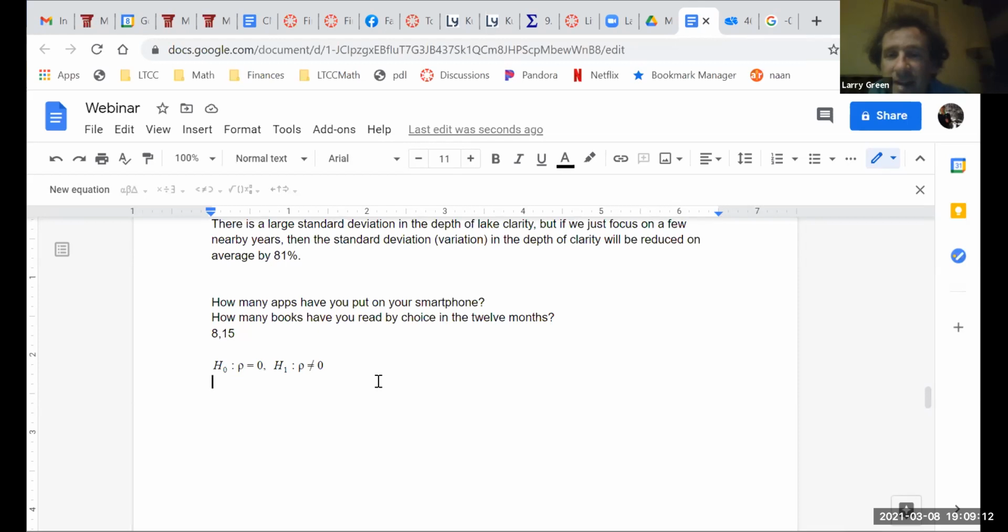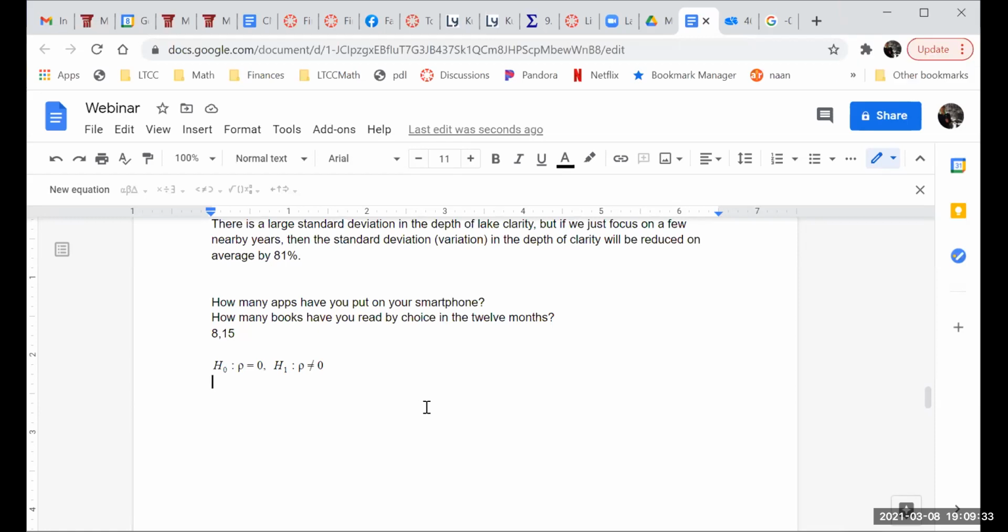Okay, so the next thing I need to do, and hopefully you're used to this, any guess? Yeah, get the p-value, and how am I going to get the p-value? We need to put the data into a calculator.